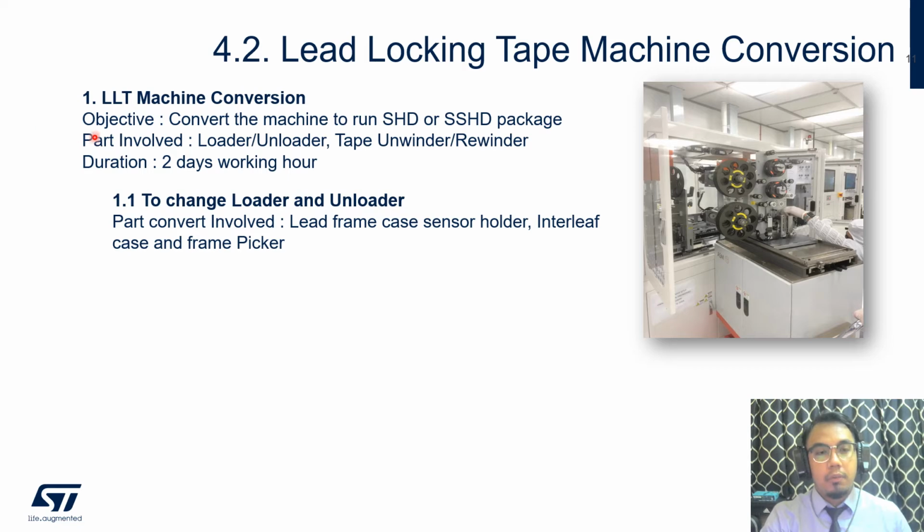The objective of this conversion is to convert the machine to run super high density or super high density package, which have different size lead frames. In the earliest month of my internship program, I followed the vendor for this machine and learned from them how to convert the lead locking tape machine. As a result, I only required 2 working days to completely finish the conversion.